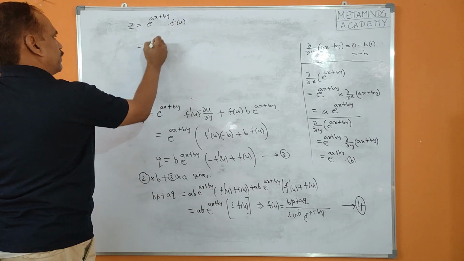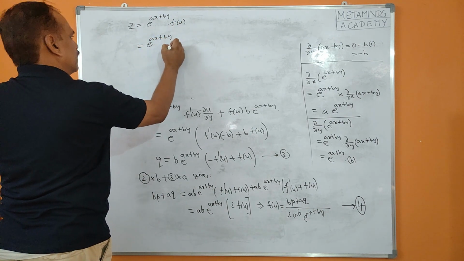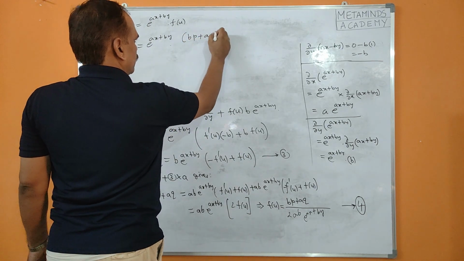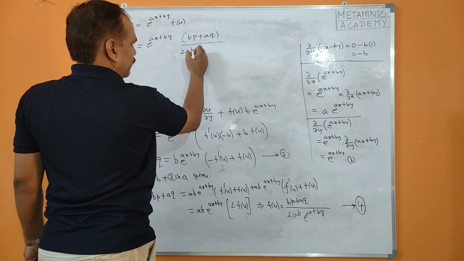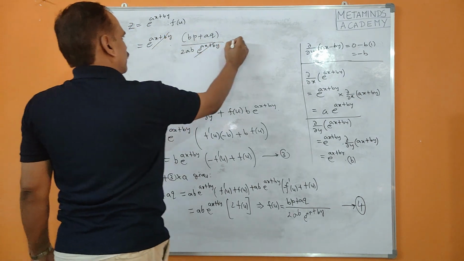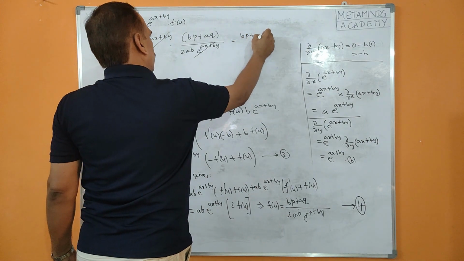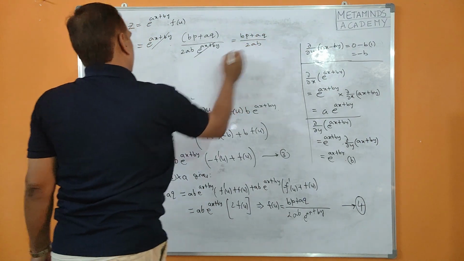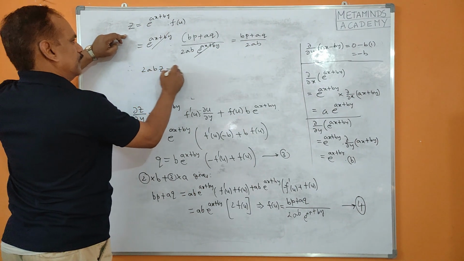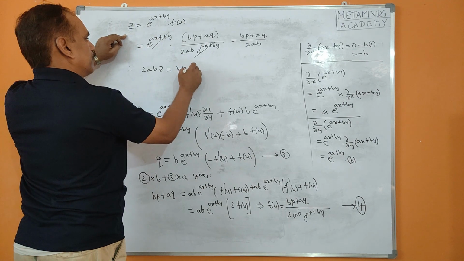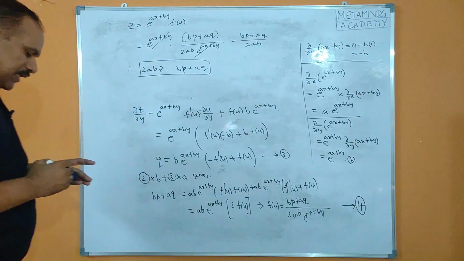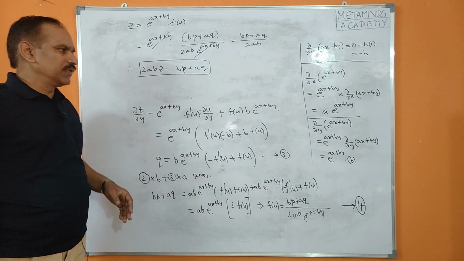E power ax plus by into, what is f of u? bp plus aq by 2ab into e power ax plus by. This gets cancelled. bp plus aq by 2ab. So you cross multiply it, 2abz equal to bp plus aq. The required partial differential equation after elimination of f.